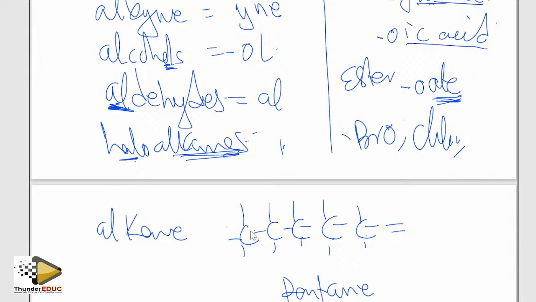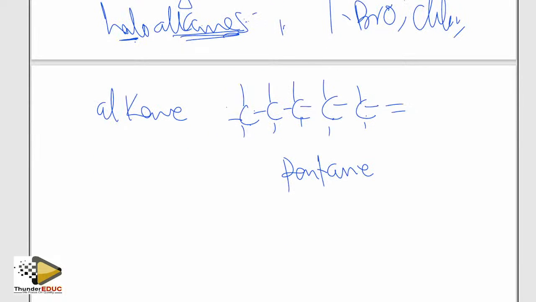What about if I have 1, 2, 3, 4, and now I have a double bond there?